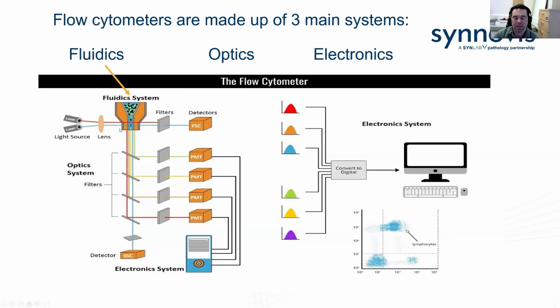The light that's scattered by the laser hitting the cell is picked up by these filters and detectors. That's actually the optic system. And then the signal is picked up by this optic system, converted into a digital signal, which is then read out on the computer screen as this series of dots. And the way to think of it really is that each one of these little dots is a cell.